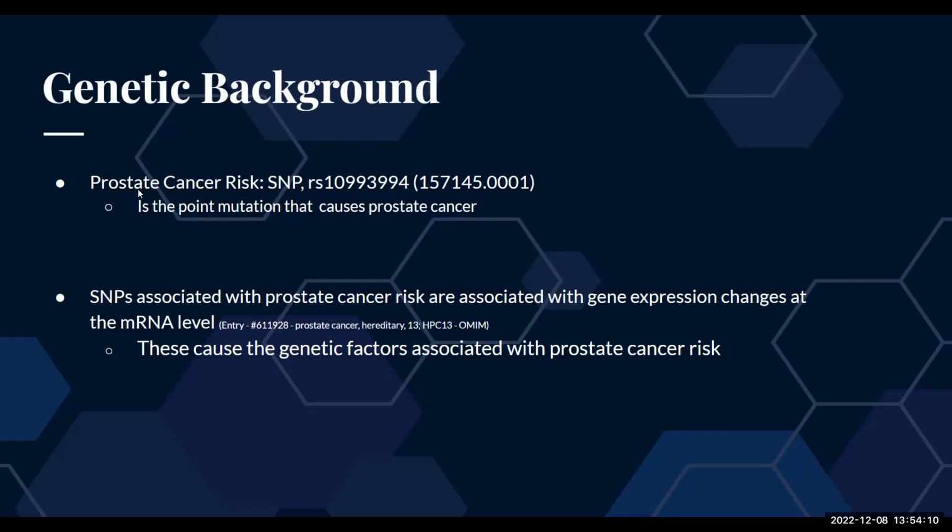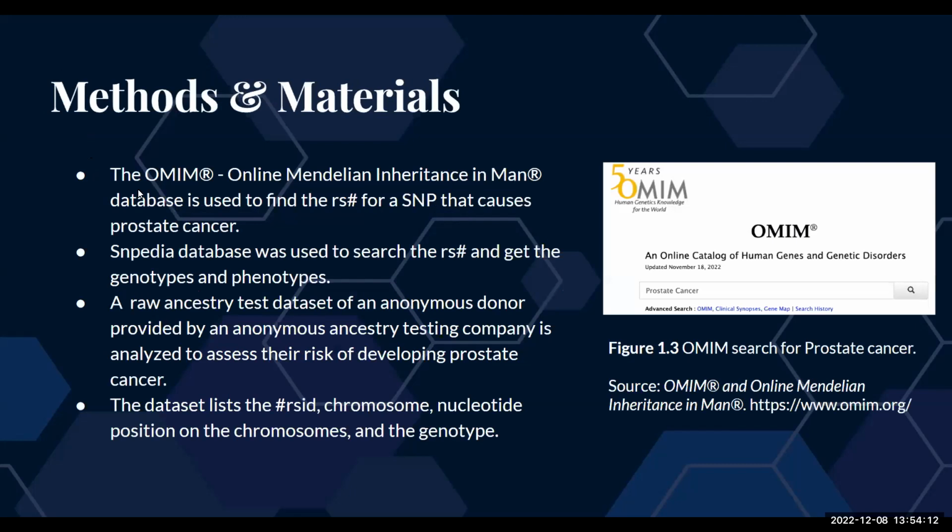Results and methods. The OMIM database was used to search the genetic disease prostate cancer. The OMIM search gave us the RS number for the SNP that enhanced the risk of this disease. The RS number was then put into SNPedia to get more information on the genotypes and phenotypes, and to get the horizontal bar graphs.